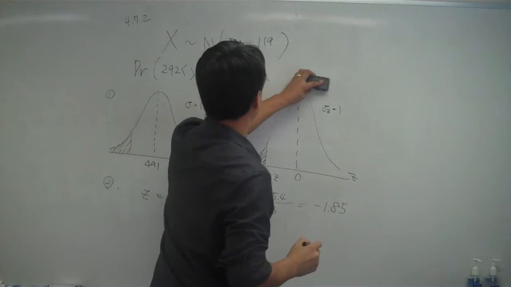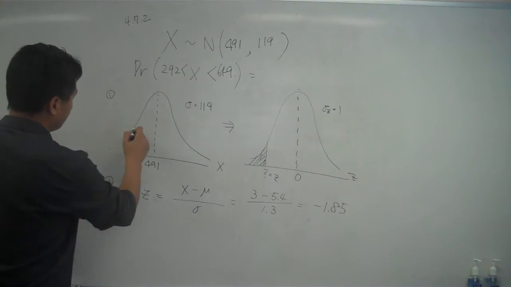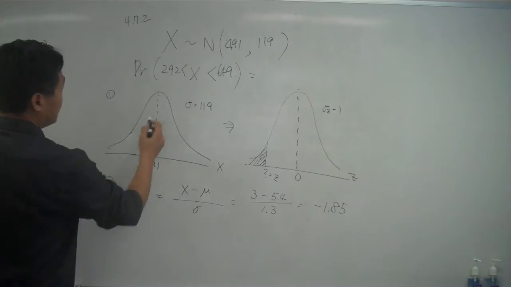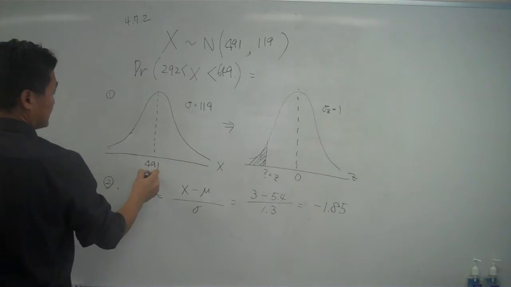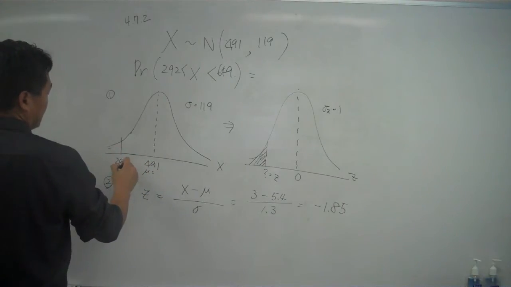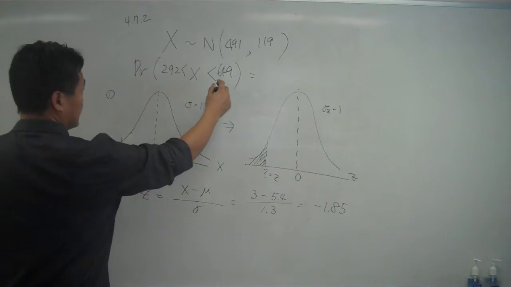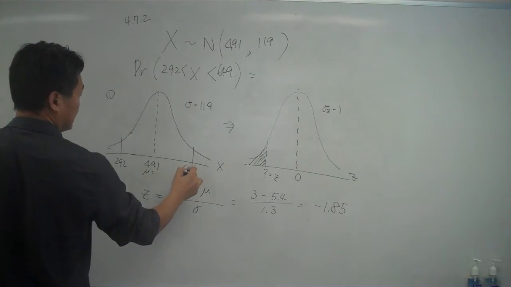Okay. So we have to pick up those numbers in here. 292 is smaller than 491. That one is mu. So maybe I can just pick up here. And 649 is bigger than 491. So maybe I just pick up here. Okay.